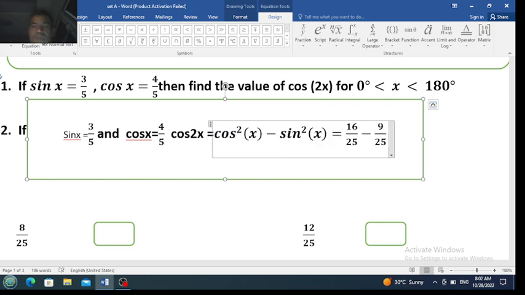Therefore I got the same denominator, 25, down here and also 25 here.